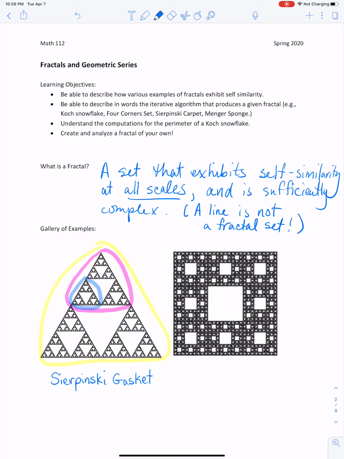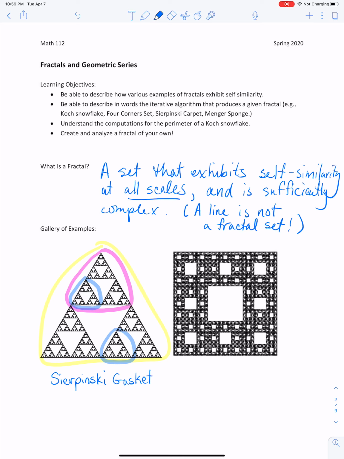For example, this blue one I've highlighted, and if I was to blow that up, it would look just like the whole. So the point is, I could zoom in really anywhere around any one of these small triangles, and if I zoom in enough, I would see the same structure as the whole set. That's what we mean by a set that exhibits self-similarity at all scales. I can keep zooming in and I still see something that looks roughly the same.